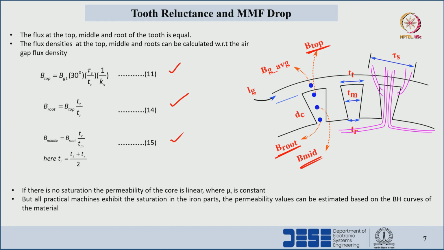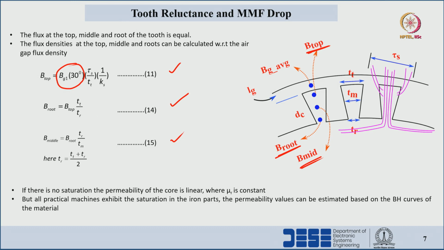All these flux densities we can calculate based upon the flux density at the air gap. This is the maximum value of the flux density at the air gap, where in the flattened flux density waveform we get the maximum value, and there is no third order harmonic with respect to the 30° position.